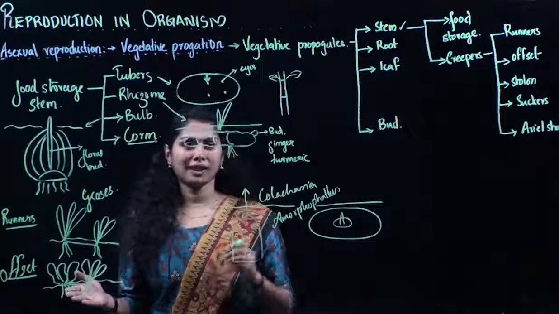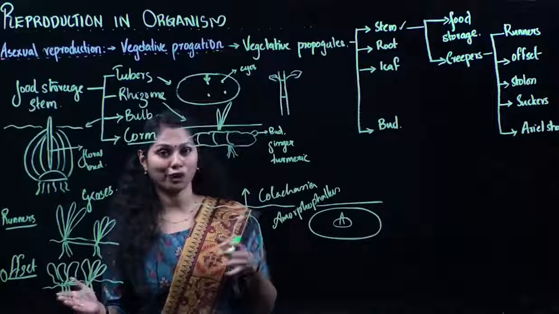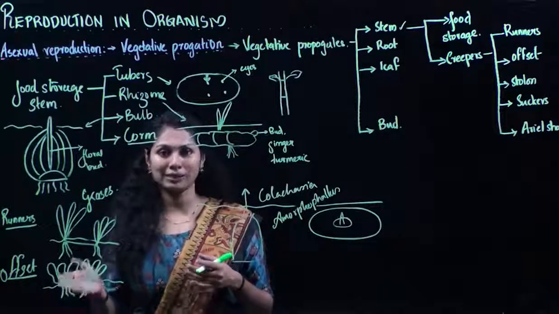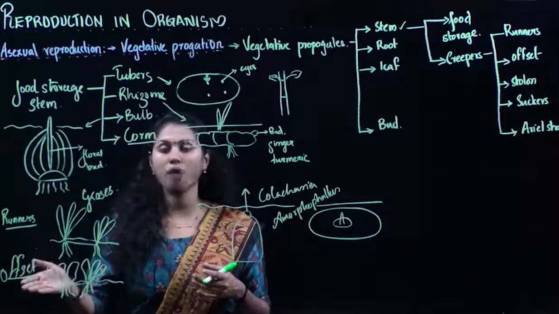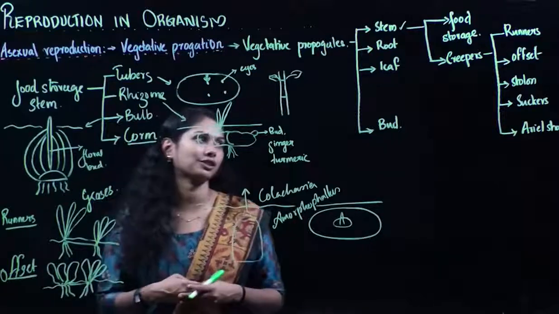Examples are almost all types of water plants like water hyacinth and pistia, which go for offset type of asexual reproduction.